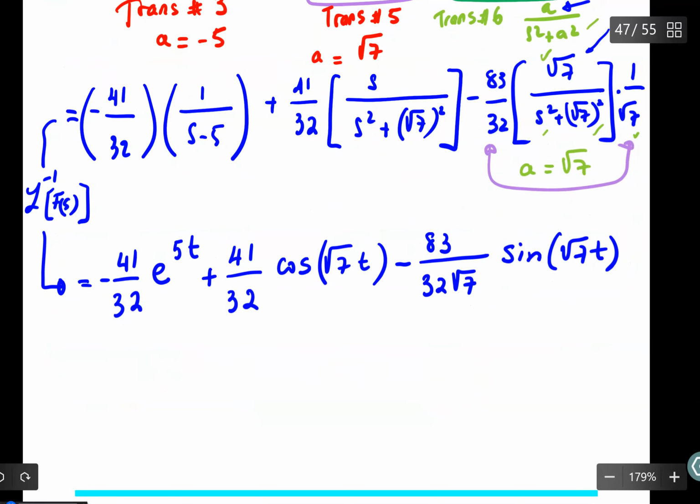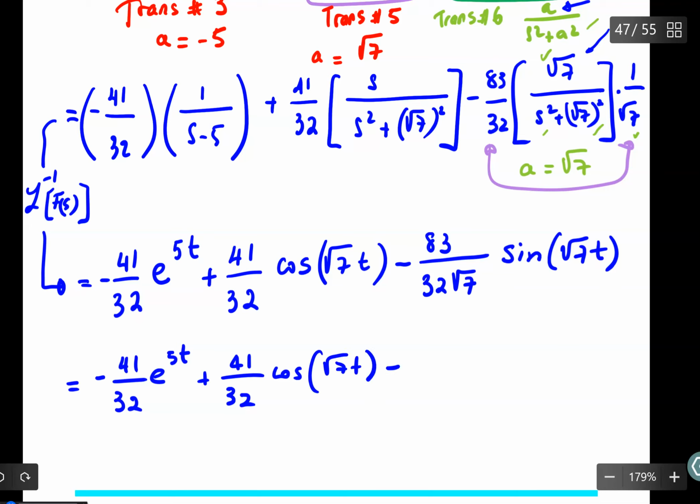Okay, so let's simplify our answer. To simplify our answer, you can factor out the 1 over 32. However, here's what I have. To rationalize the denominator, you need to multiply root 7 on top and root 7 at the bottom as well.